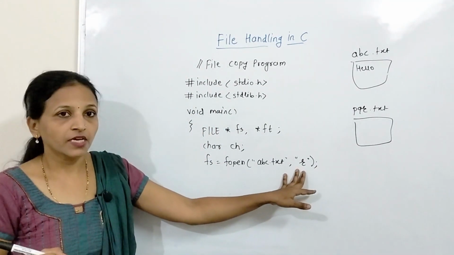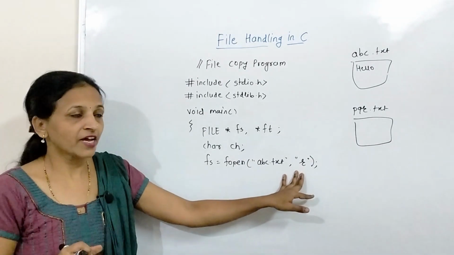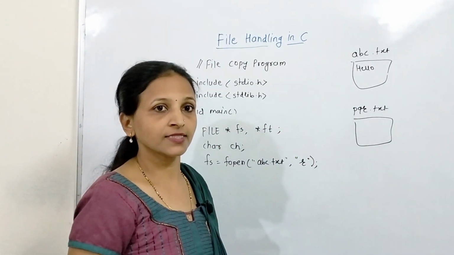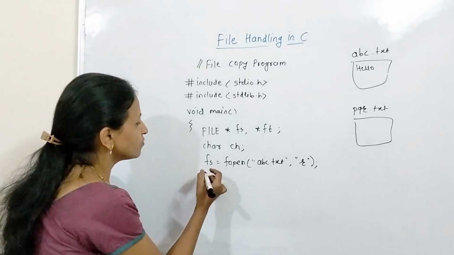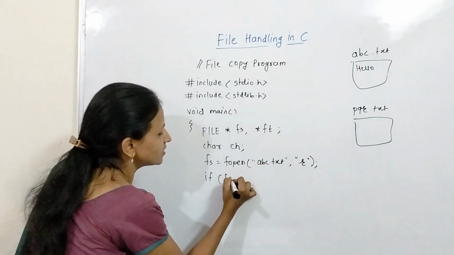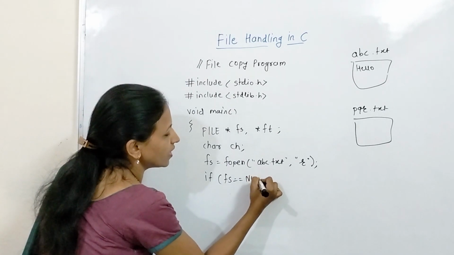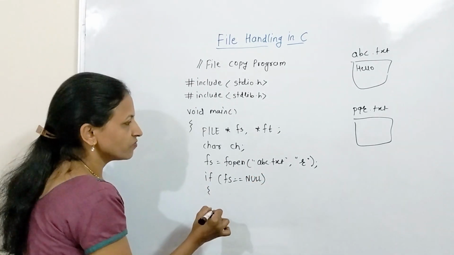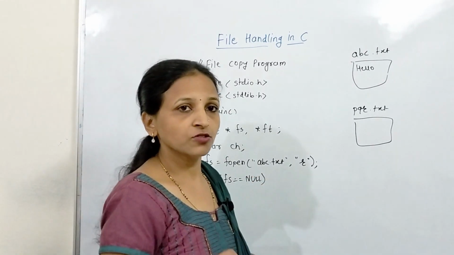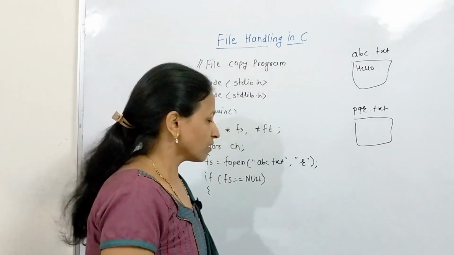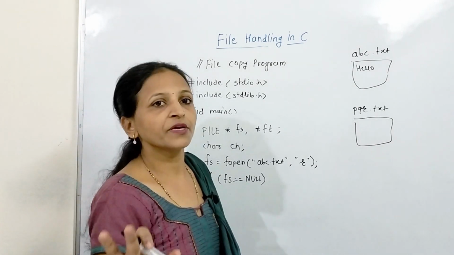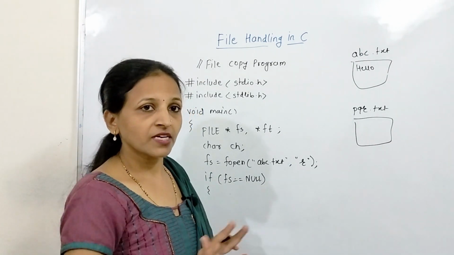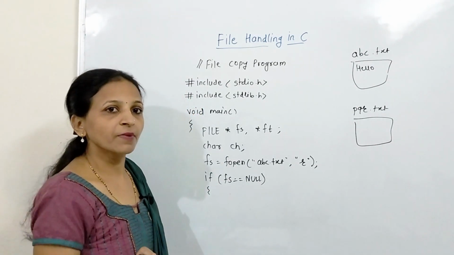Now see, if there is any problem while opening this file, if this file is not present on the hard disk, then this fopen function will return NULL. Getting? First we will check whether fs is equal to NULL. NULL means what? There is some problem, the file is not opened successfully. That message we will display to the user, and stop the execution of the program. That means we will terminate the program execution.